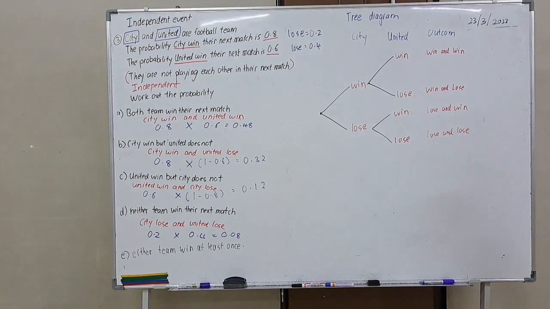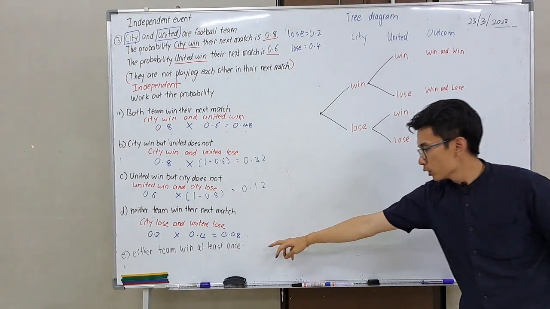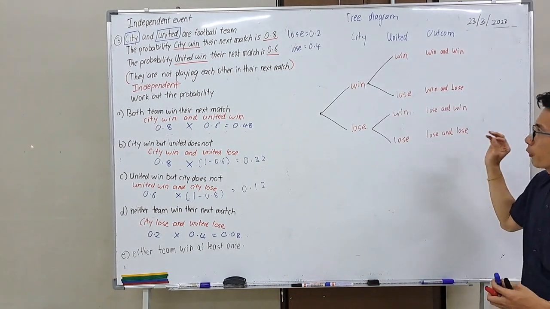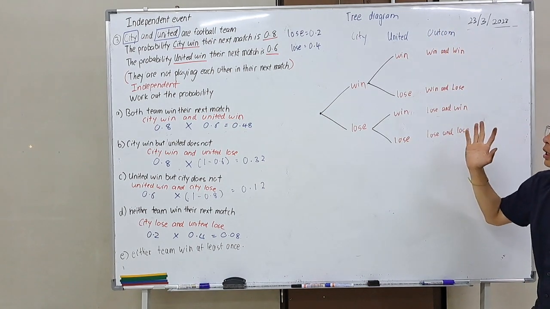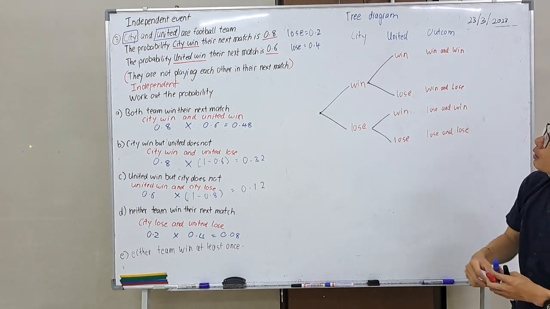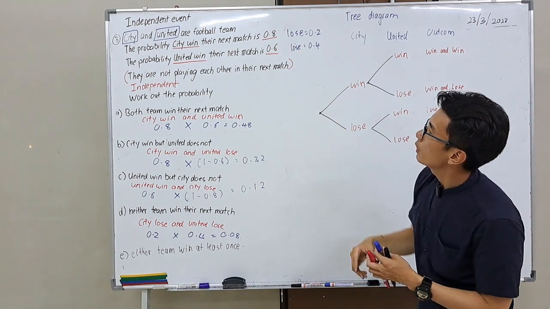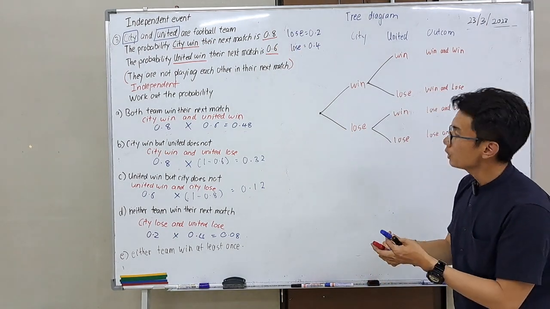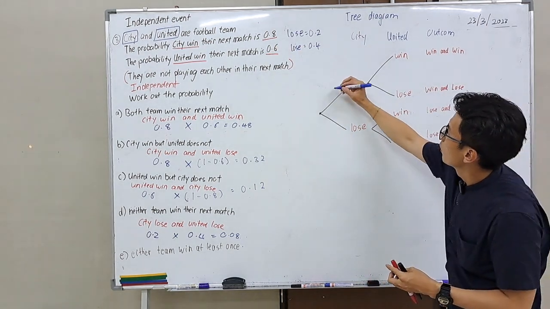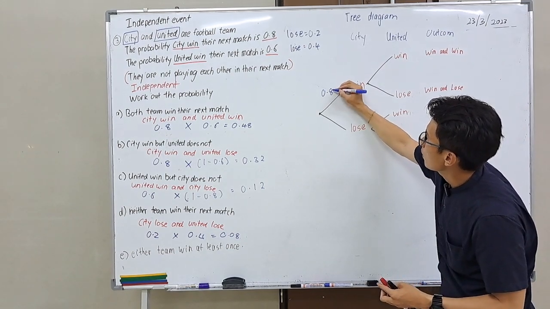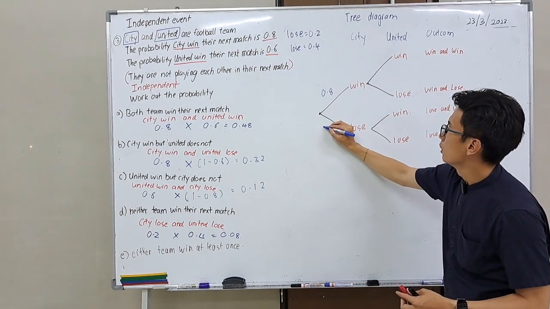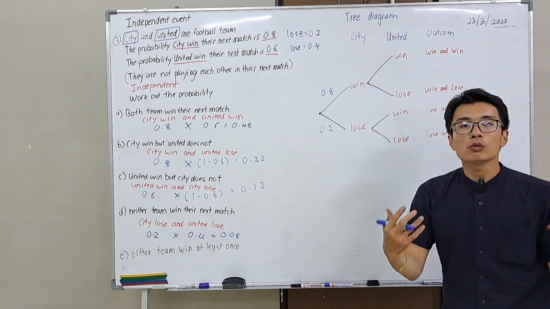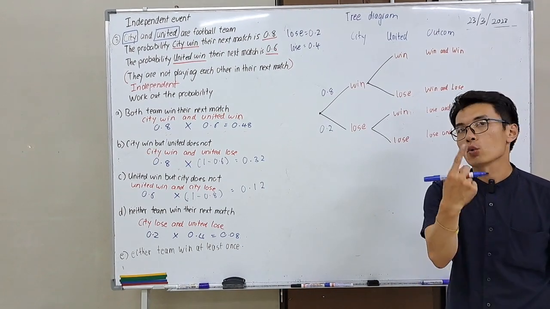Now, before I go through this question, just a quick recap of the tree diagram. Let's input all these probabilities inside here. If we look over here, the probability of City wins is 0.8. So I know if this is 0.8, this is automatically 0.2, because the maximum probability is always 1.